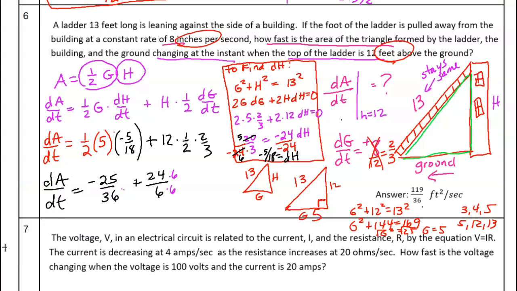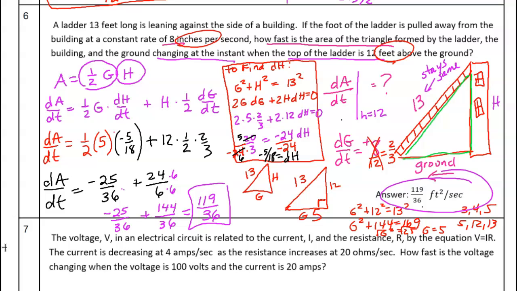And then if I get a common denominator, 144 minus 25/36 is 119/36. Woo! Look at that. Tricky, huh? That was a lot of work.